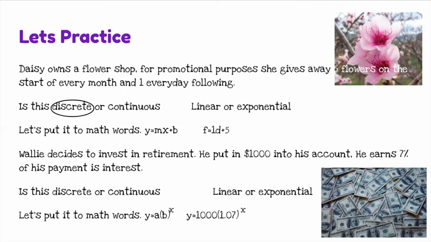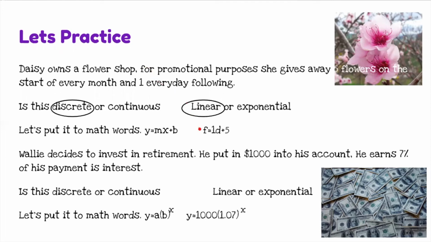She is not giving parts of flowers. And then is it linear or exponential? It is linear because this is arithmetic. It is going to be the same every single month, so it's going to be linear. So let's put it into math form.